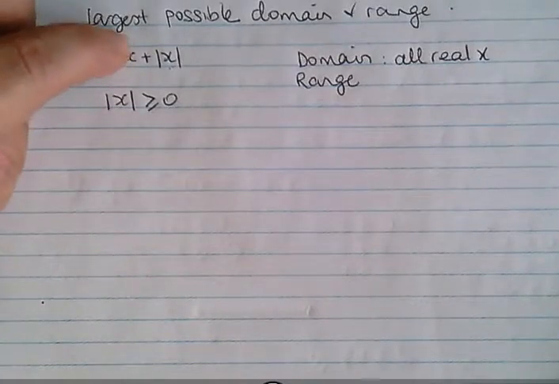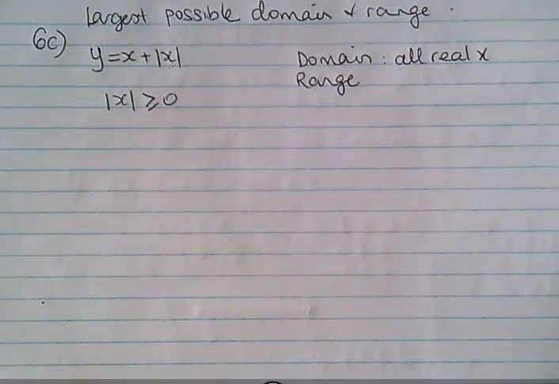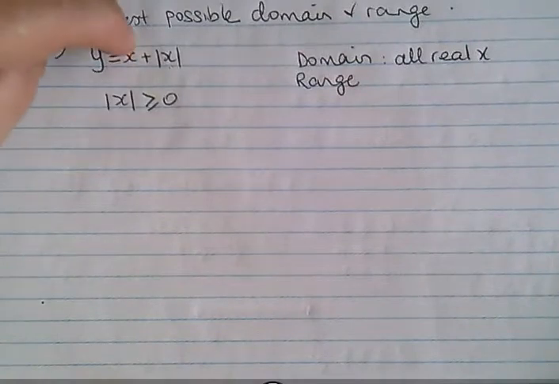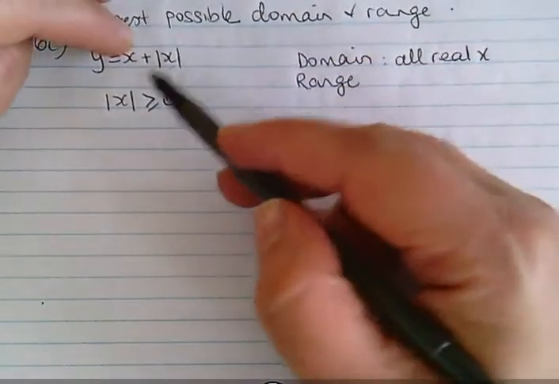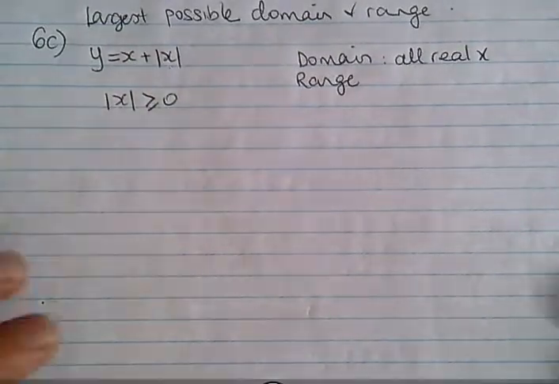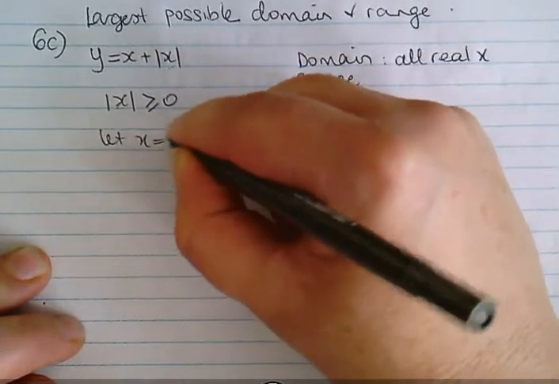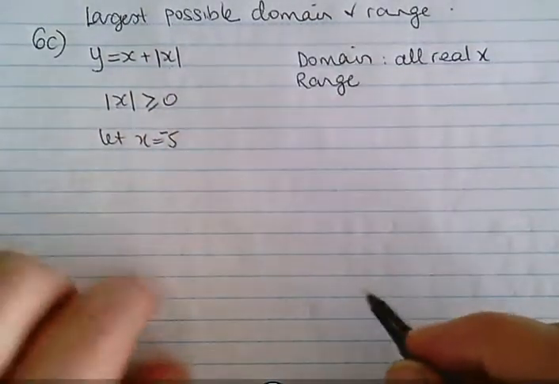And this x bit here can be positive, negative, or 0. Just wondering if we had x is negative 5. Let's just be careful. I think the answer is 0. You only get 0. Let's just try. Sorry about that. Let x equal negative 5. What do you get?